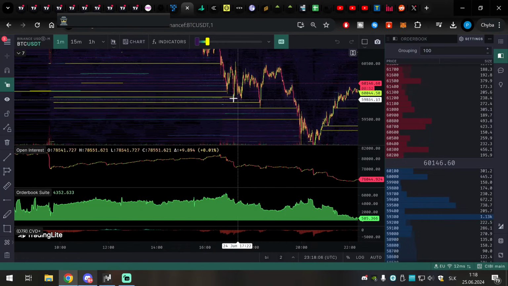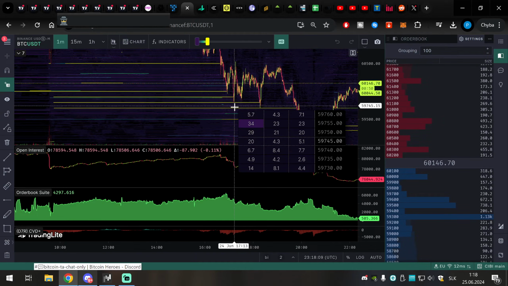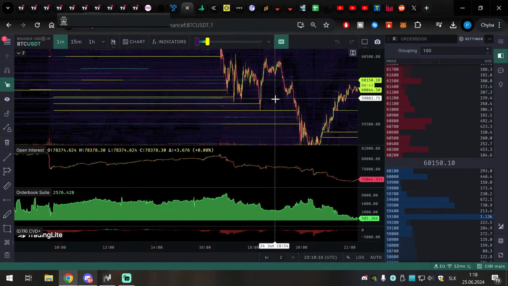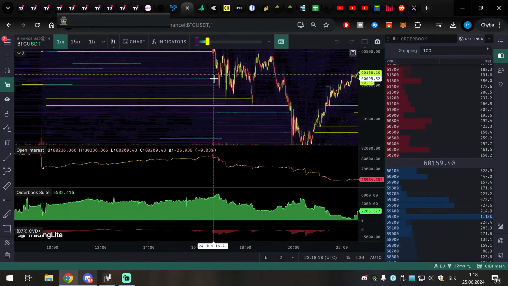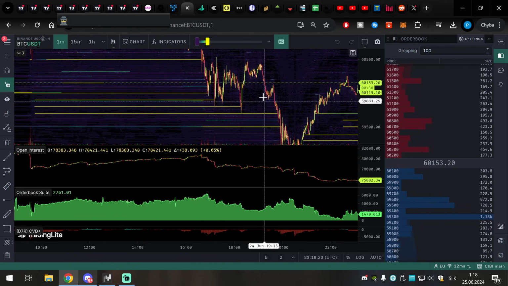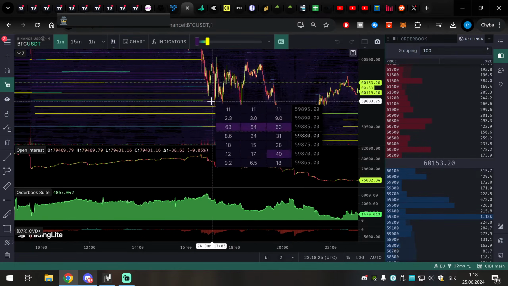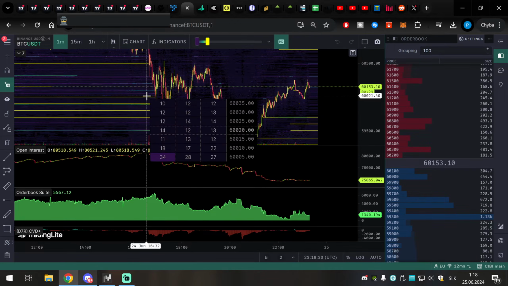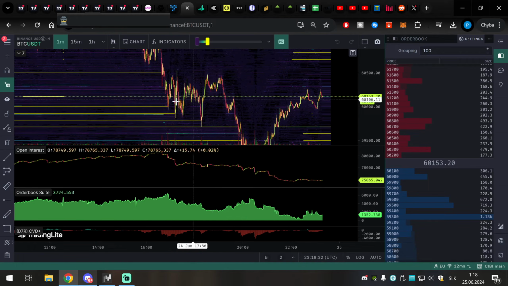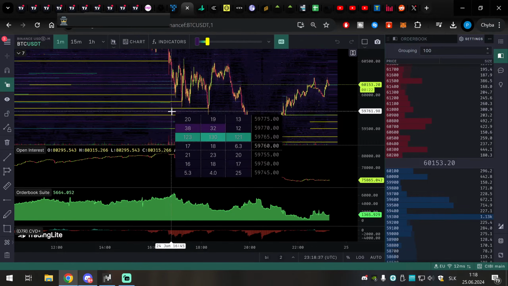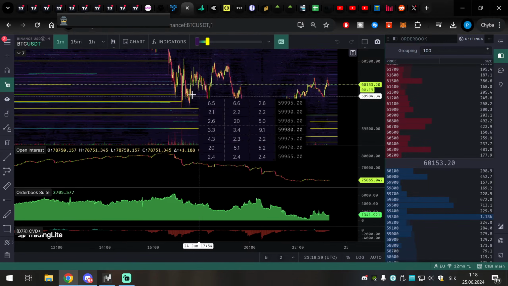I don't think those were just take profits on shorts, because you can know, yeah, this is a passive limit order. You can know if it's a new buyer who wants to enter the market in a passive way, or it's shorts taking profit. But I would say there is a very good chance a lot of people actually longed Bitcoin here with passive limit orders. So now this area needs to be reclaimed for the much further upside, because it shows me big traders were correct, absorbing shorts at this 60,000.